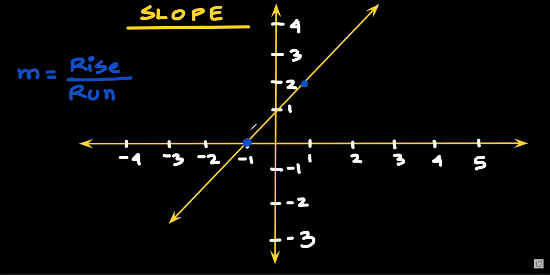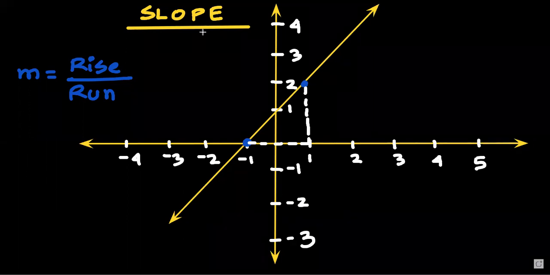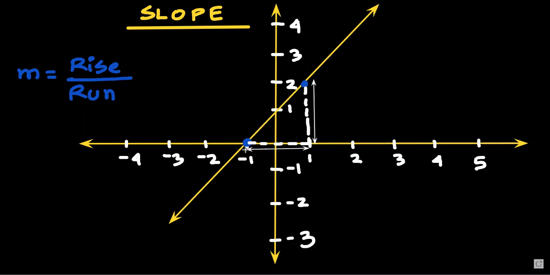So you can draw some dotted lines from this point to this point. And you can see this is actually the rise and this is actually the run.